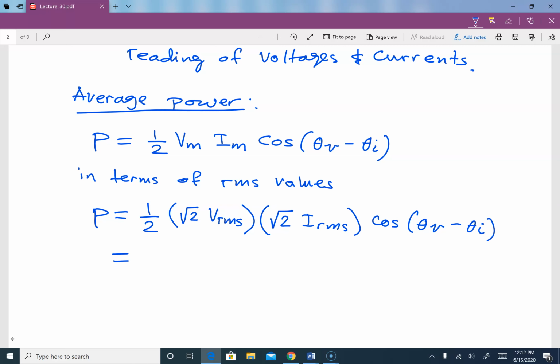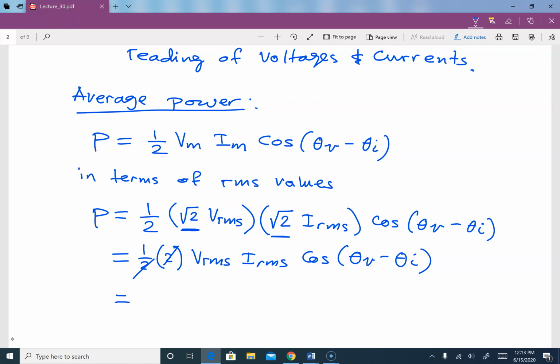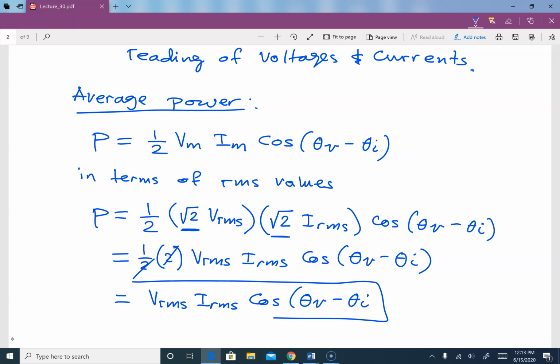So if you look at this here, radical of 2 times radical of 2, that is 2. So 1/2 times 2 V RMS I RMS cosine of theta V minus theta I. So this 2 will cancel with that 2, then we will end up with V RMS I RMS cosine of theta V minus theta I, and that is in watts.